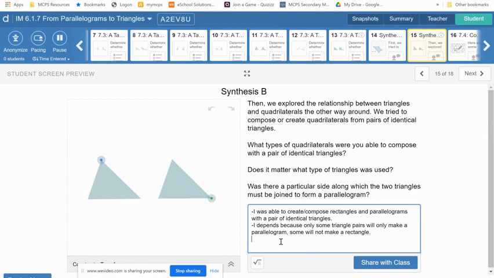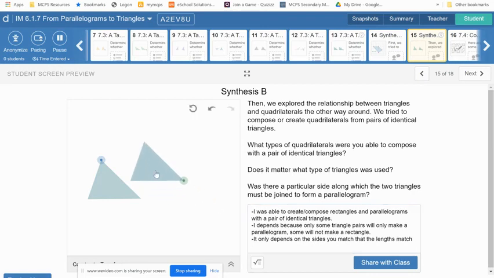Along their base. So it only depends on the sides you match up, that the lengths match up. So for example, if we're matching this side to this side, let's see what happens.